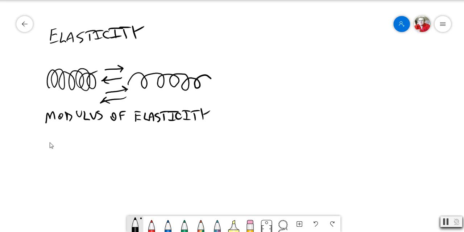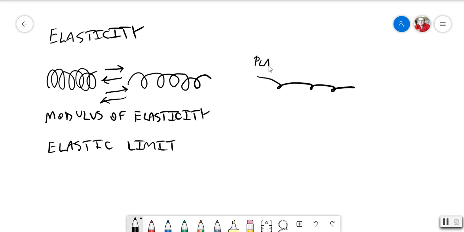Then we said you get to a certain point where you have the elastic limit. You pull the slinky out too far and it can no longer go back. It has undergone plastic deformation.